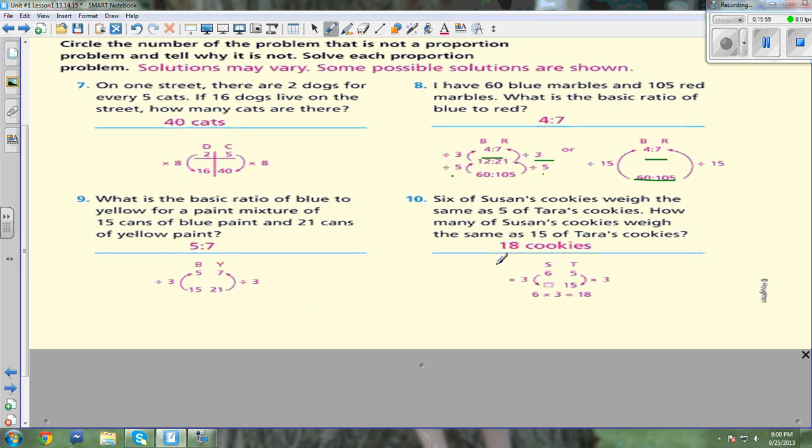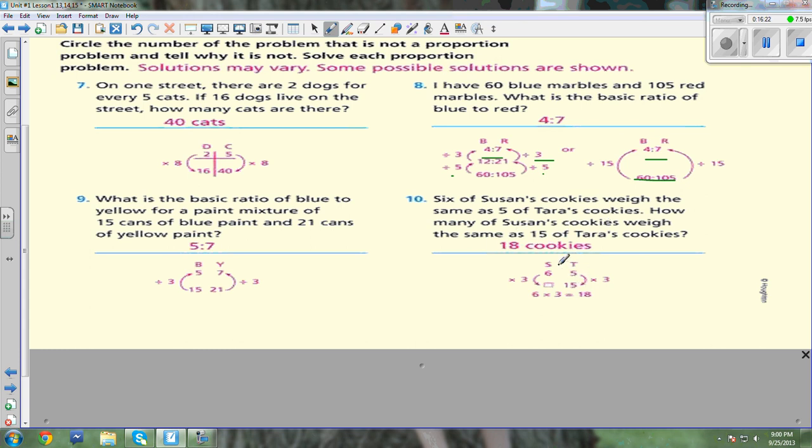6 of Susan's cookies weigh the same as 5 of Tara's cookies. How many of Susan's cookies weigh the same as 15 of Tara's cookies? So you have 6 of Susan's cookies weigh the same as 5. So you have 6 to 5, which is what they have there. How many of Susan's cookies weigh the same as 15? And then you have the 15.